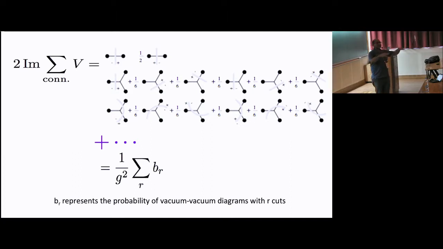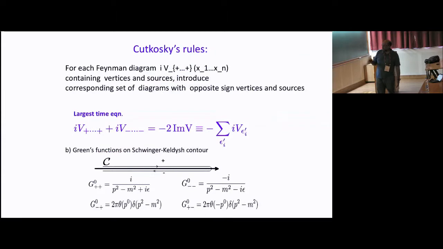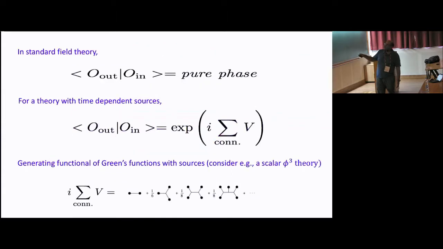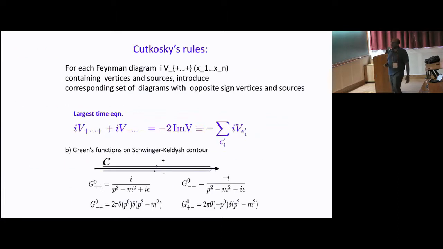Because I can write the vacuum-to-vacuum object as the sum of all connected graphs, and then I take this imaginary part, and then I can cut it in all possible ways. And remember, I told you that the in-out amplitude could be written as the sum of all these possible connected graphs.